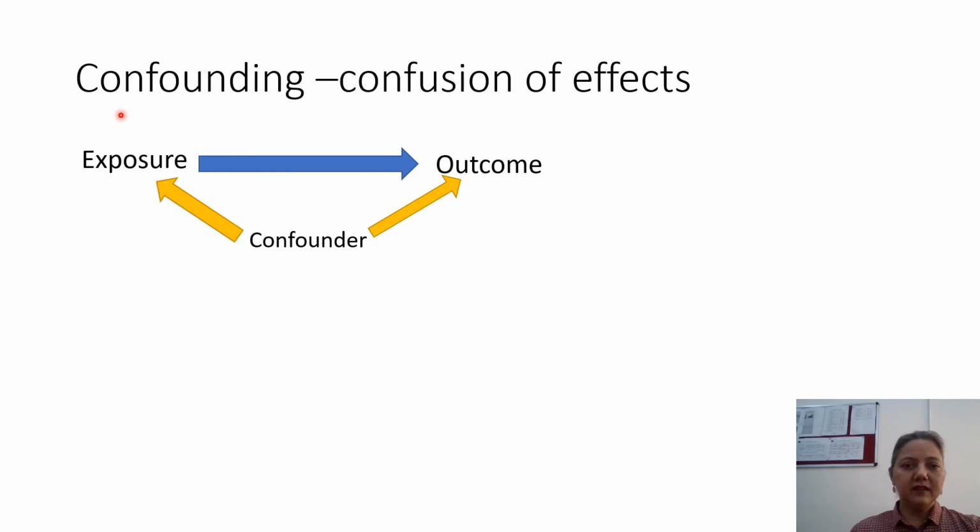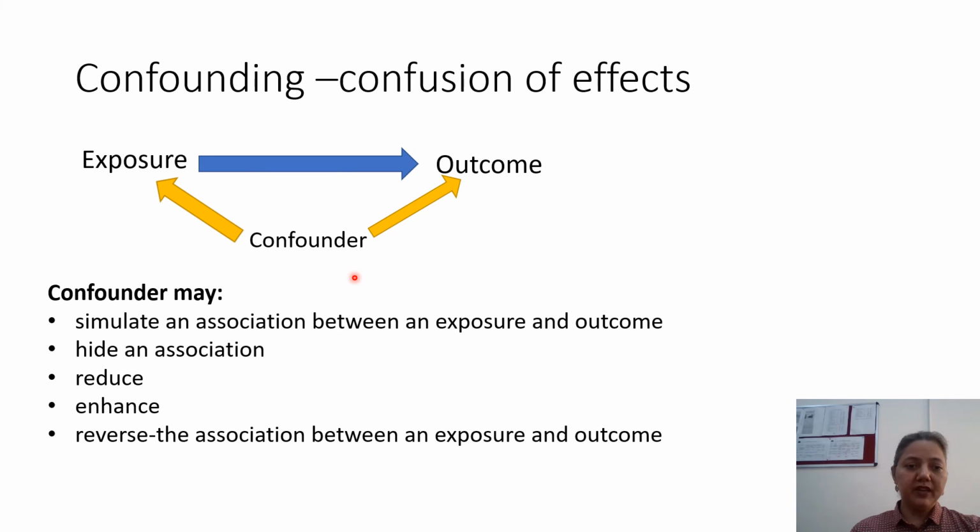Another bias is confounding, derived from confusion of effects. Confounders are some extraneous factors which can affect both the exposure as well as the outcome, and can bring out a different association between the exposure and the outcome. So we should be very much aware of what can be the effect of confounders.